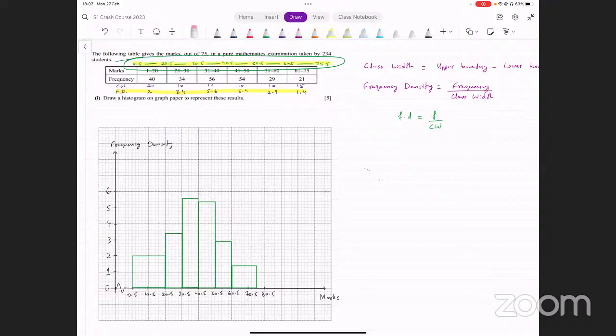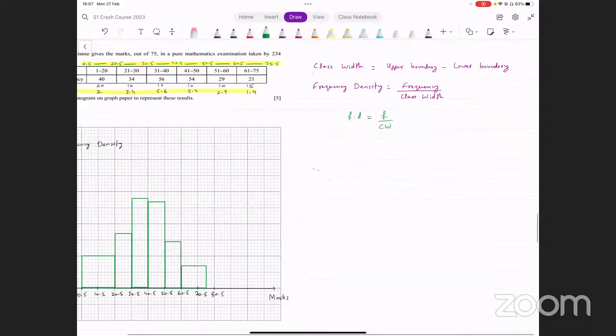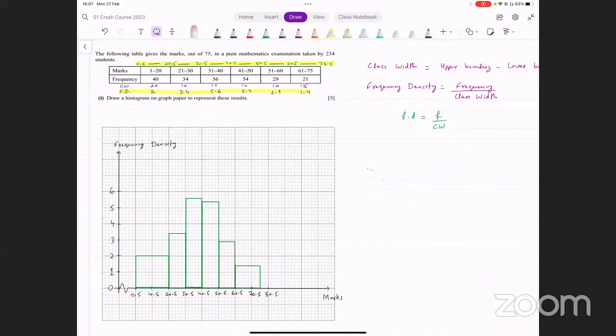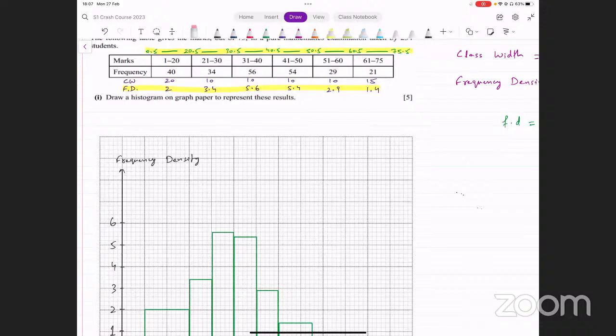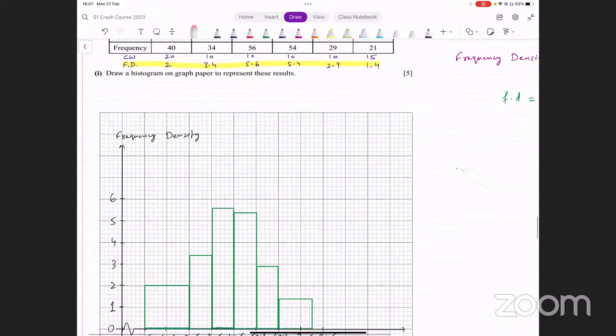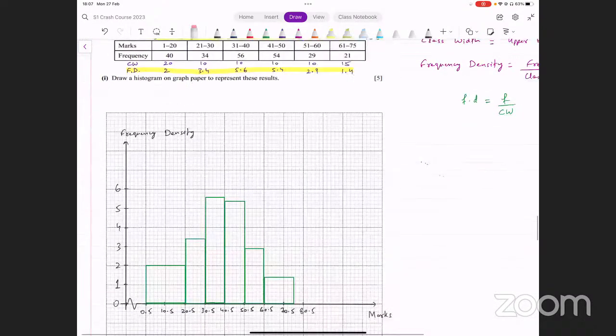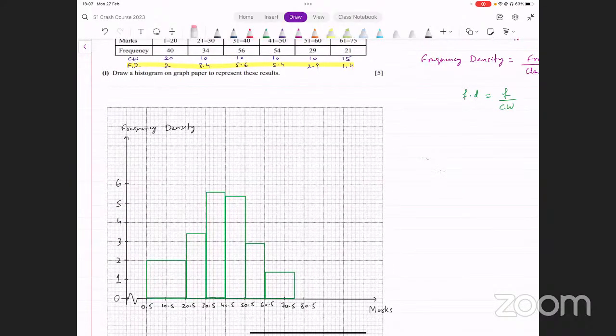Adjust the class intervals. Then find class width. Using class width, find frequency density. And then just plot those class intervals along with frequency density on your diagram like this. Okay, so this was 5 marks. Doing all of this, this is how your histogram looks.